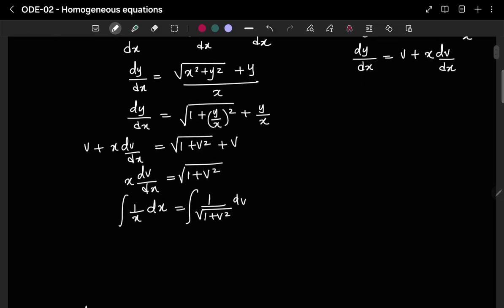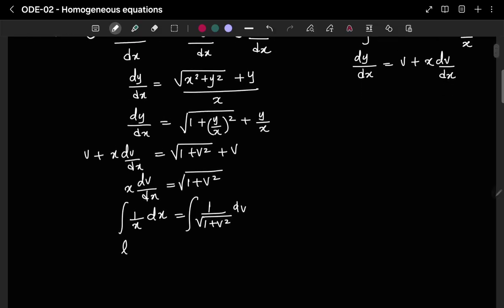The integration of 1 over x is ln x, and for this type of integral we have to do it like this: ln of v plus square root of v squared plus 1, plus c.